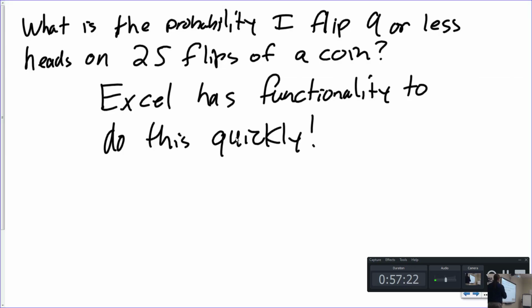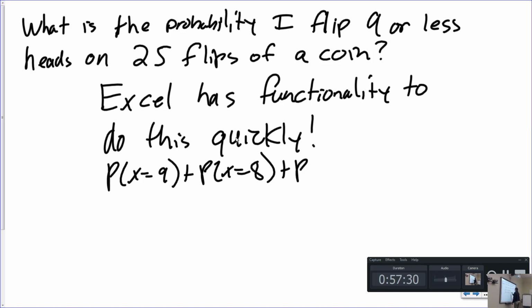Because technically you can do this problem by simply saying the probability that x equals 9 plus the probability that x equals 8 plus the probability that x equals 7 plus dot dot dot plus the probability that x equals 0. There's nothing wrong with doing that. It's a perfectly legitimate technique. It's just going to be painful.